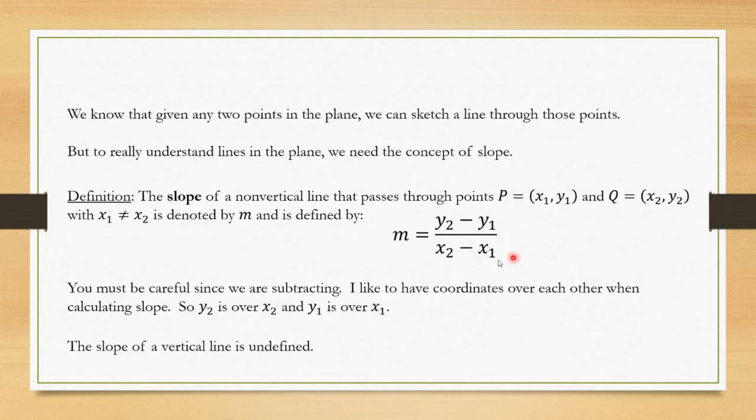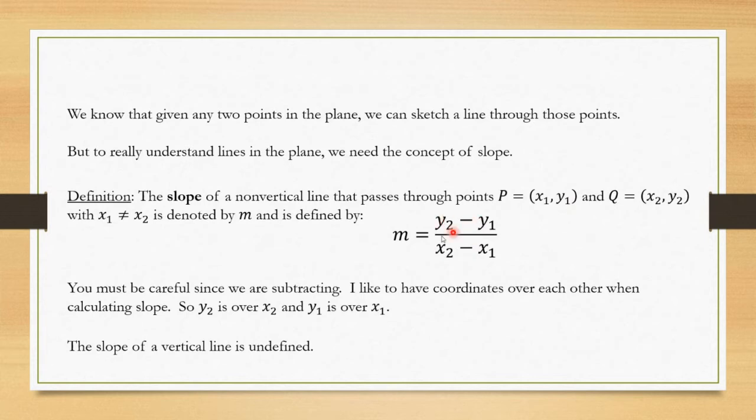Later on, I'll point this out as well. If you increase your x coordinates and your y coordinates also increase, the slope has to be positive. You can actually know ahead of time if the slope has to be a positive or a negative number.